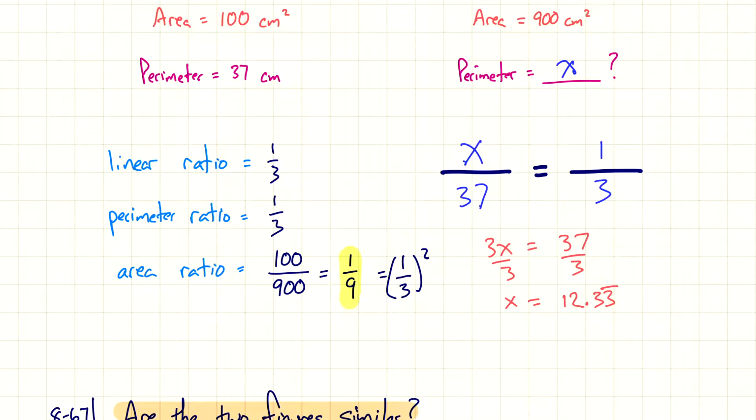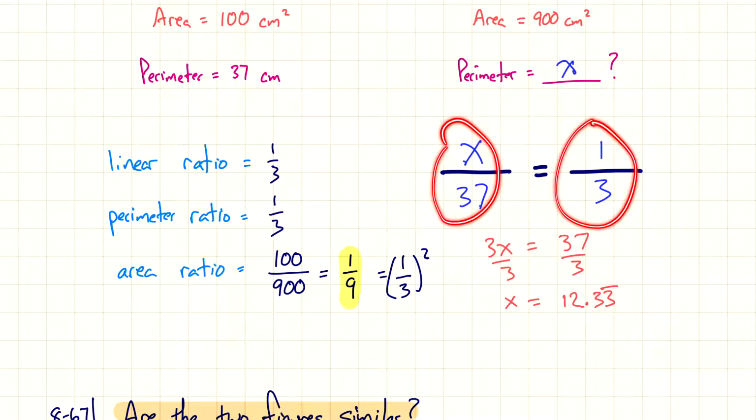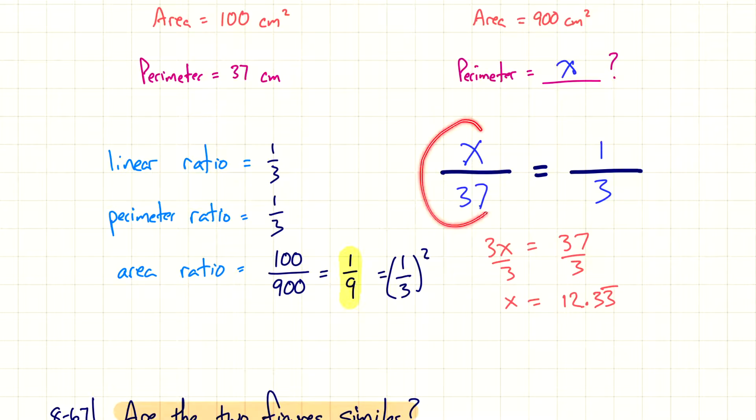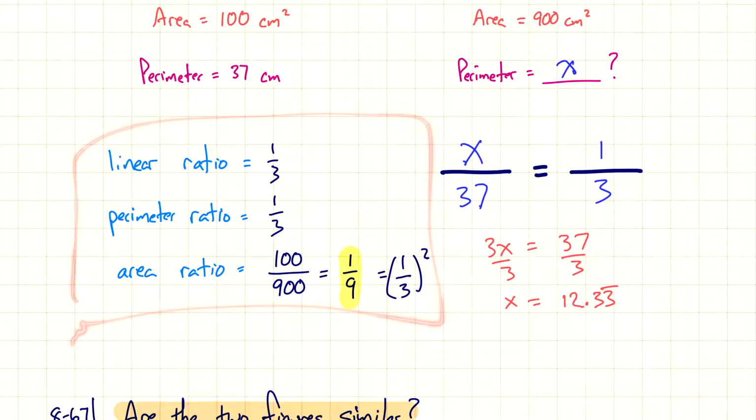So that's the huge thing. That's going to tell us which fraction to put in this equation. So if we had areas on one side, then I better use the area ratio. If I have perimeters, then I use the perimeter ratio. If I have sides, then I'm going to use the side ratio. So here's your collection of options. You have to decide which fraction you're going to use.